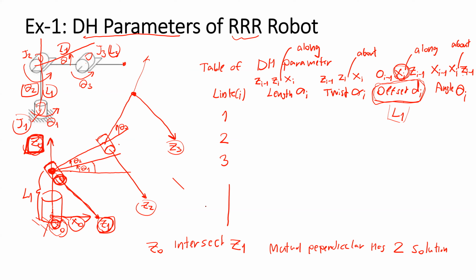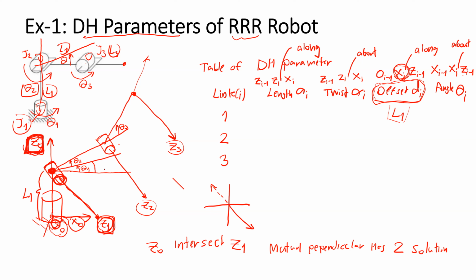If this line and this line intersect, the mutual perpendicular can be one that points out from the paper and another one that points in to the paper. We have two possible solutions. In this case, Z0 and Z1 intersect.